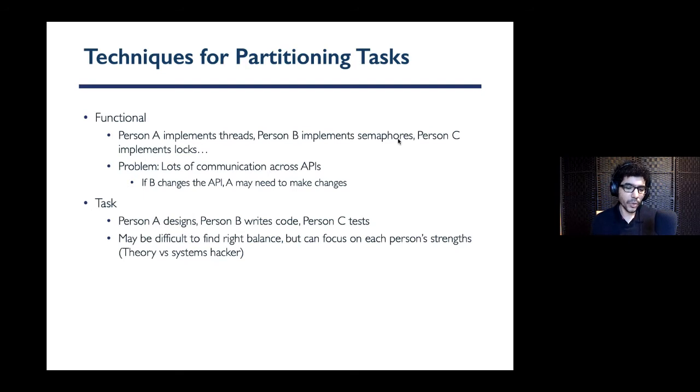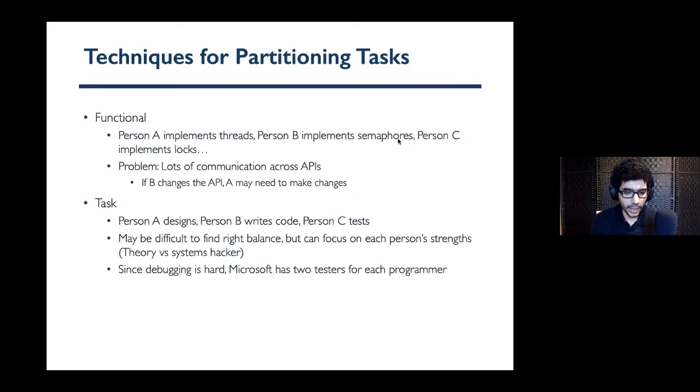You have to know the strengths of each person, but it might be easier to partition this way. It's really up to you which way you pick. You could do a hybrid way, doing tasks and functional, but just know exactly which way you use.